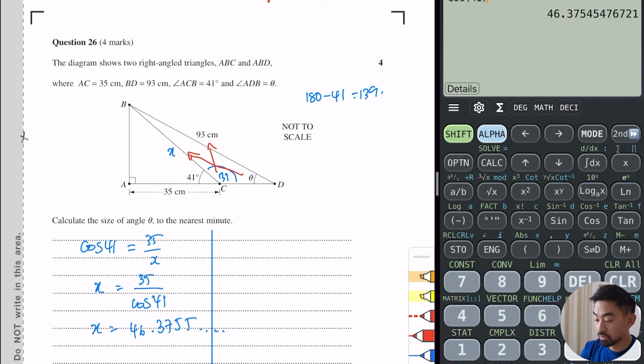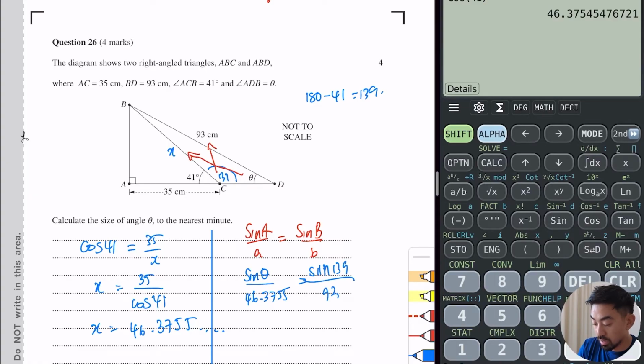So it's going to be the sine rule. So finding an angle is just sine theta over, I should do this properly. So sine A over A is equal to sine B over B. All right, so sine theta over 46.3755, what we just found, is equal to sine 139 over 93.